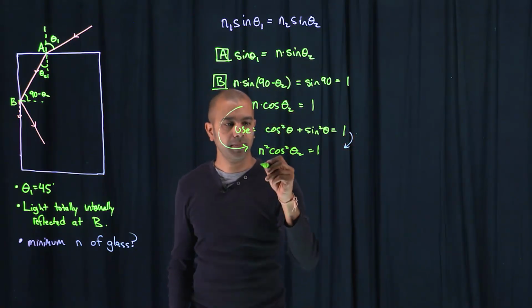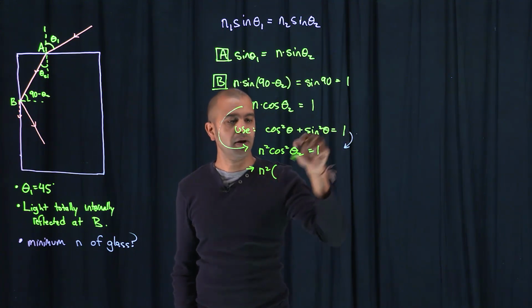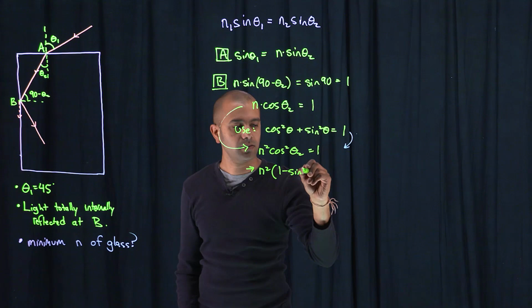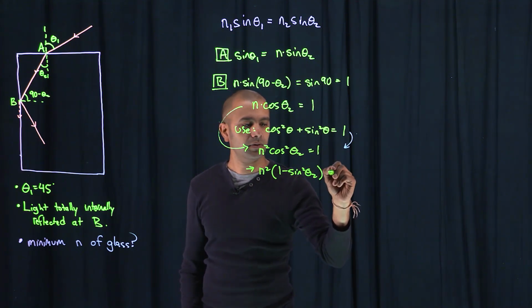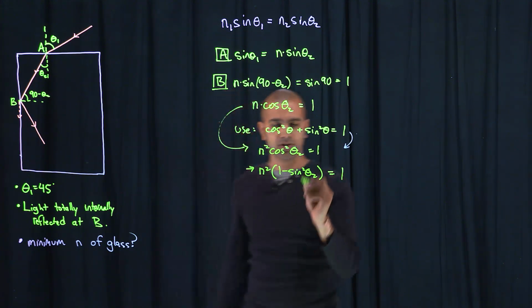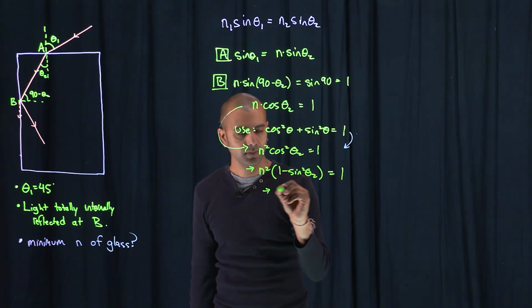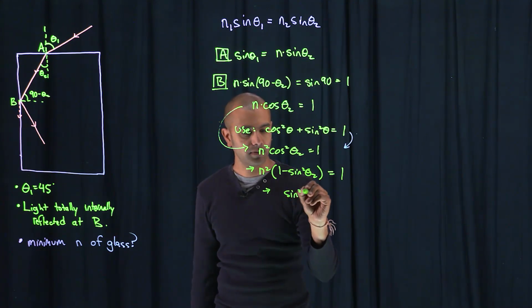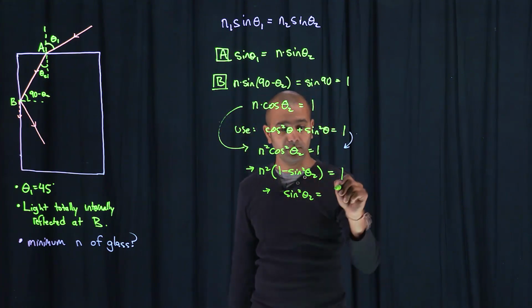we get n squared times 1 minus sine squared, and that equals 1. So solving this for sine squared, we'll find that sine squared of theta 2 is 1 over n squared.